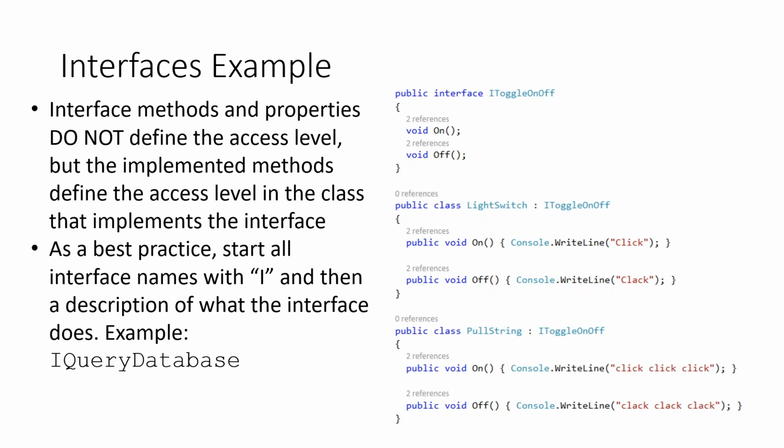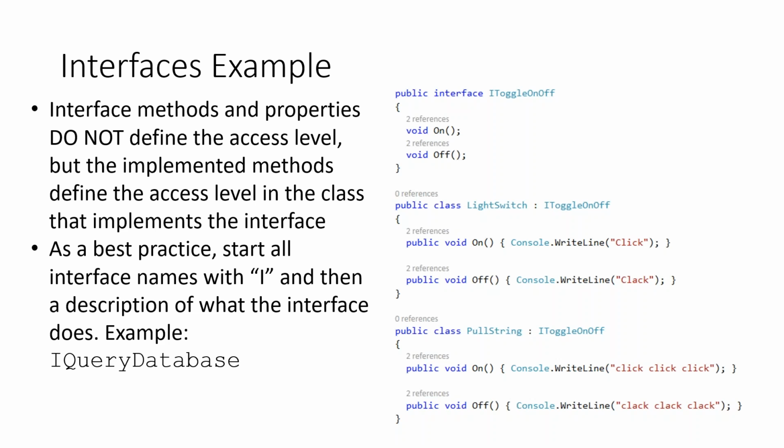No method bodies, but we're saying anything that implements the I toggle on off interface will have an on method and an off method. So we've got a light switch and a pull string class. Both of those implement the I toggle on off interface, and you can see that because they implement those interfaces, there are two methods, on and off, right?